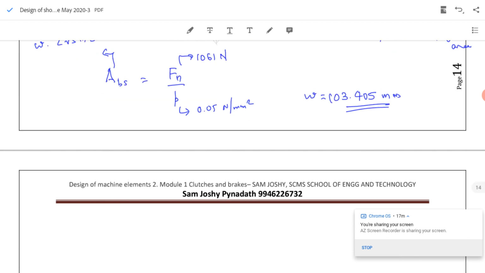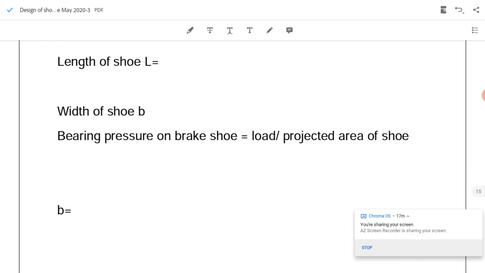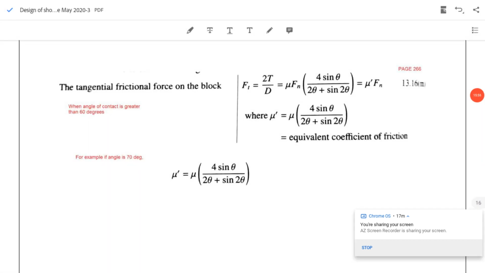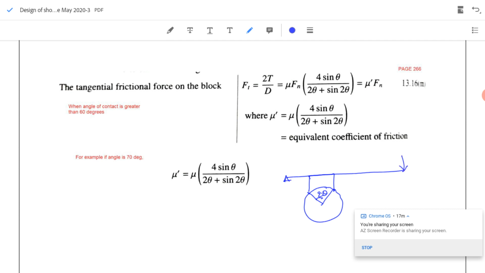Now there is an addition to this lecture. Whenever the angle of contact between the drum and the shoe is greater than 60 degrees, consider a case in which there is a brake shoe, with angle 2 theta, and from here we have the force.